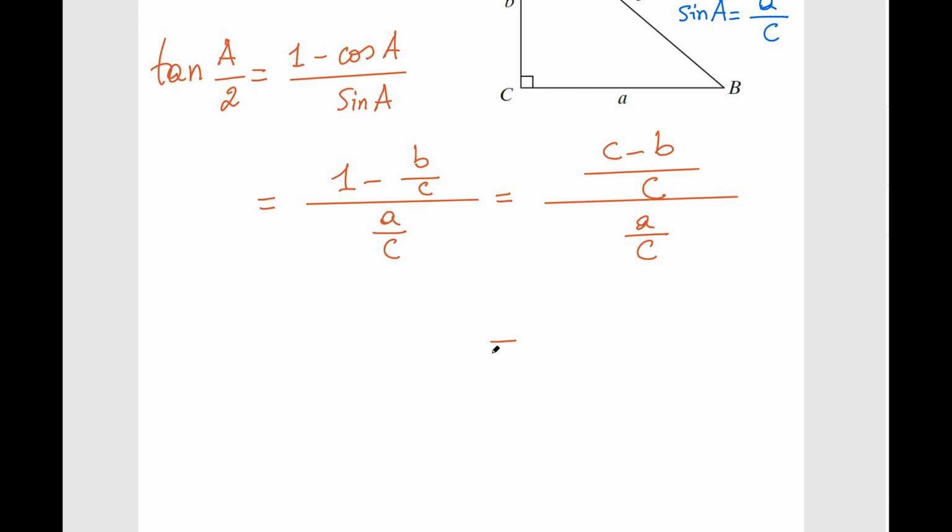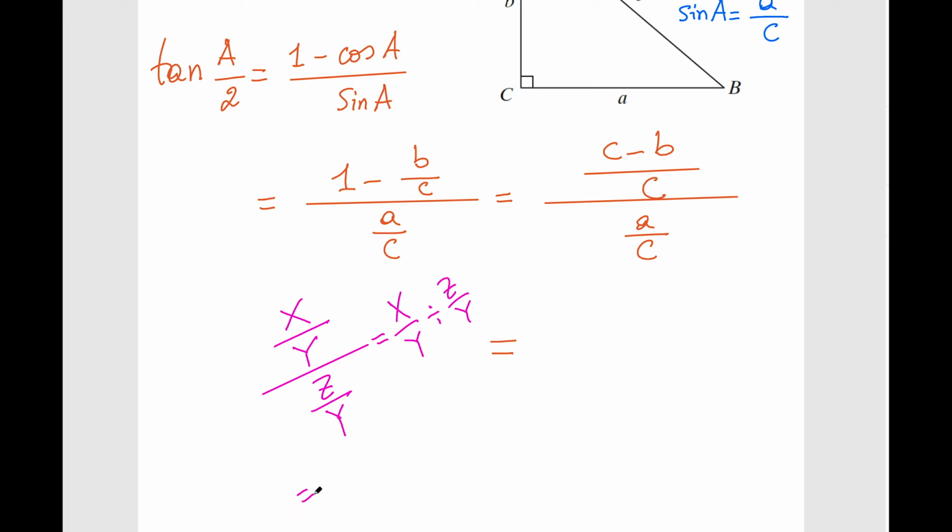Okay. And what is this? Let me convince you that this is the desired conclusion by just talking about something of the form x over y divided by z over y. Now what is this algebraically? This is x over y divided by z over y, right? And dividing by z over y is the same as multiplying by the reciprocal of z over y, right?